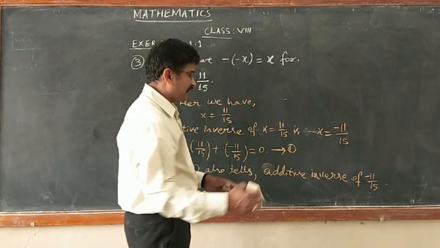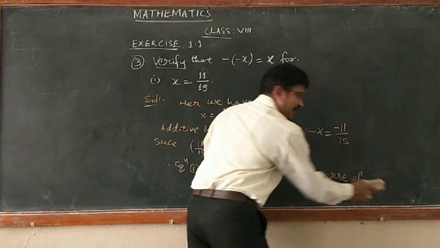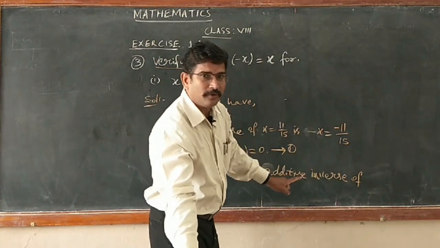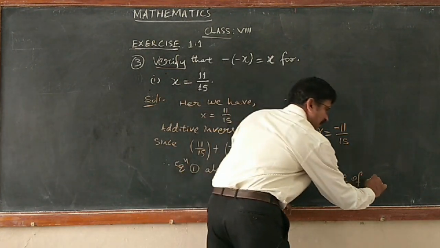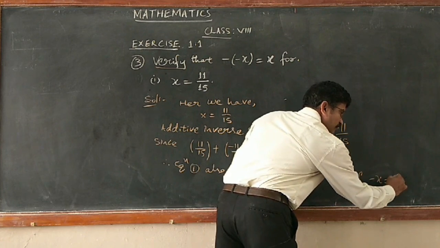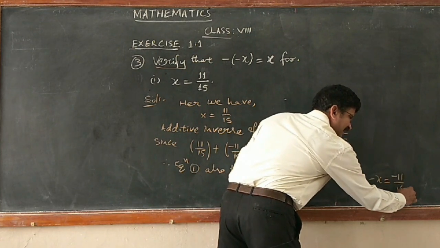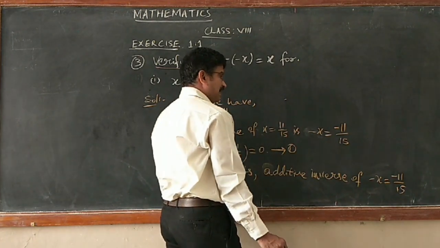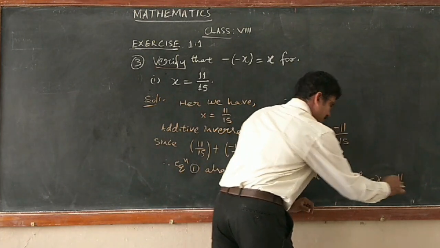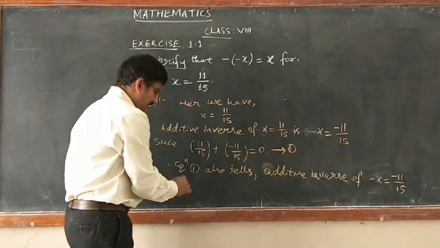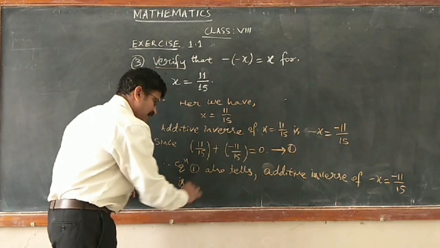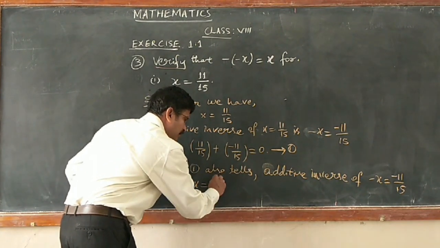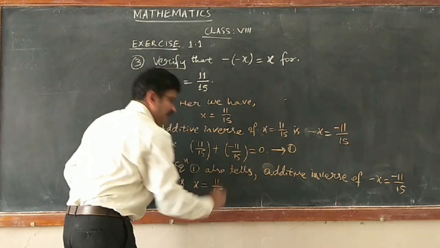So let me write in a proper way. Is it visible for you? So additive inverse of minus x equals minus 11 by 15. Additive inverse of this fellow is, shall I write down here, x equal to 11 by 15.